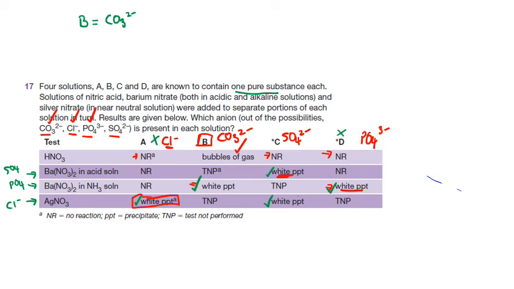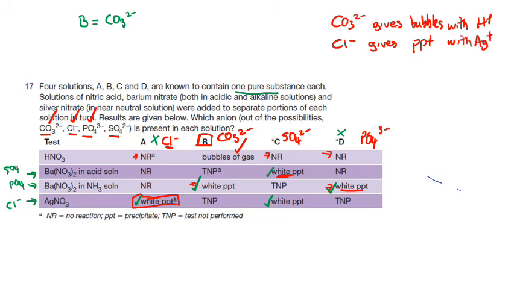Okay, and if I wanted to, the question doesn't ask me, but I could write out a little thing about why. Okay, so I could write CO3 gives bubbles with acid. Chloride gives a white precipitate with silver. What have we got?